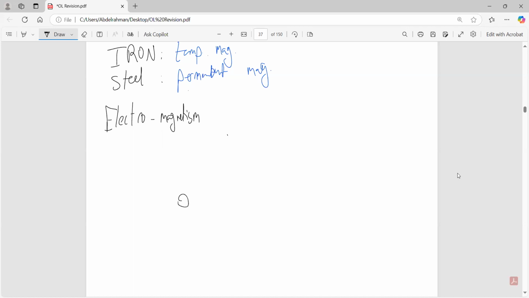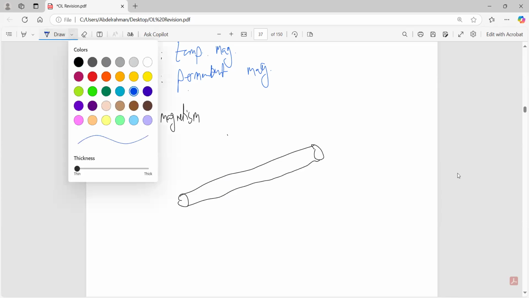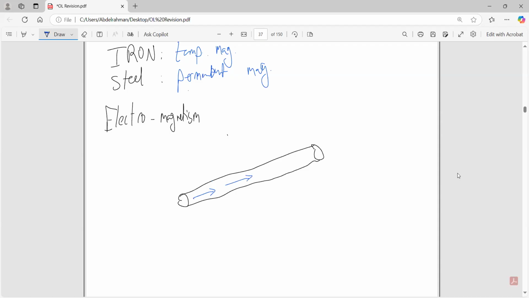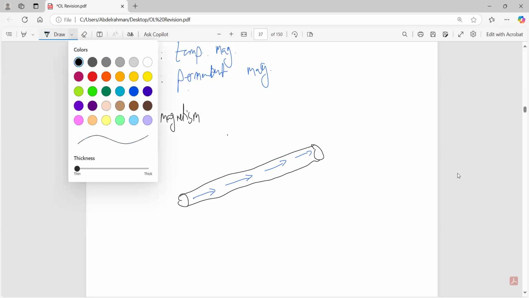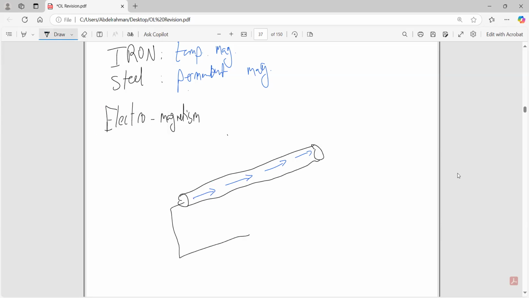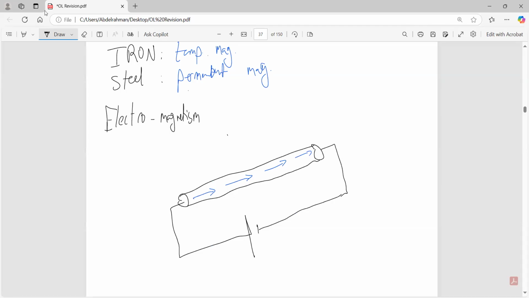If I have a wire, this is a sort of 3D representation of the wire, and the current passes in this direction. For example, the wire is connected to a battery, so the current is moving towards the right in this copper wire.